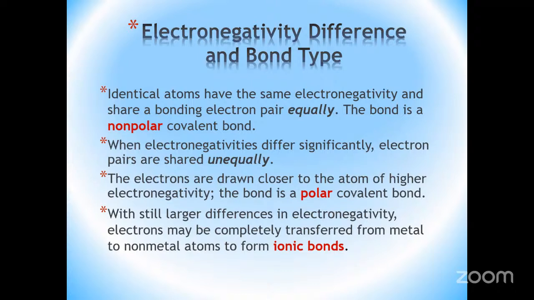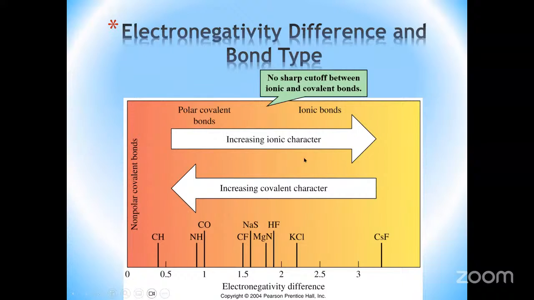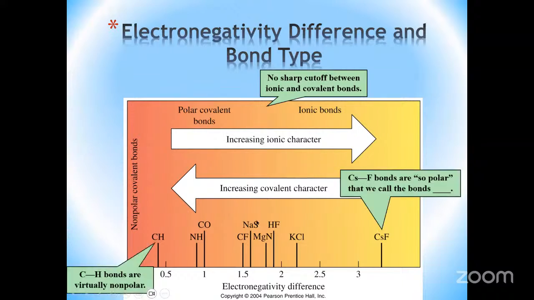So the question now becomes, how do we establish a criteria for determining the different types of bonds? Different people have different ideas. I'm going to use the one I'm about to show you shortly. But before I do that, let me show you this diagram, which gives you some examples and where they lie on the scale. Down here is a scale which represents the difference in electronegativity of the two atoms involved.